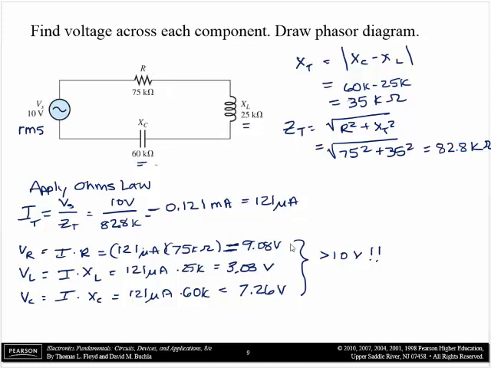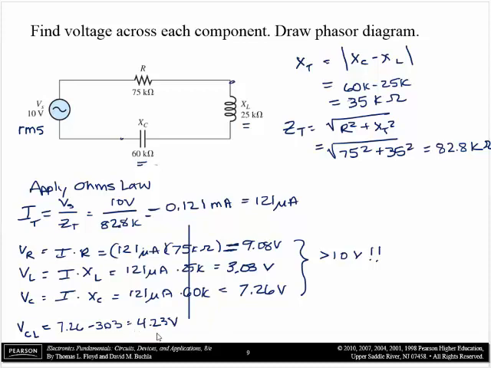So let's double check what's really happening. VLC means if I were to take my voltmeter and measure the voltage across the two of these, it would be 7.26 volts minus 3.03 volts, and I would get 4.23 volts.